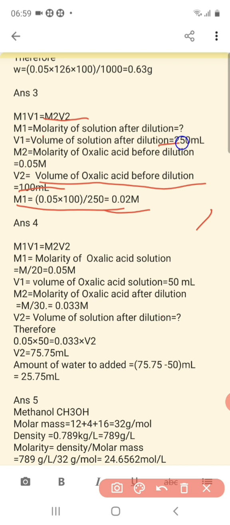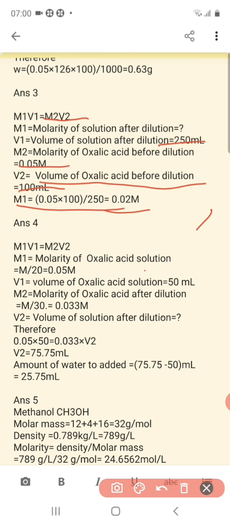The molarity before dilution is 0.05 molar, and the volume of standard oxalic acid taken before dilution is 100 ml, and an extra 150 ml of distilled water was added so that the total volume of the solution becomes 250 ml. So for solving such questions, we use the molarity equation, that is given as M1V1 is equal to M2V2.